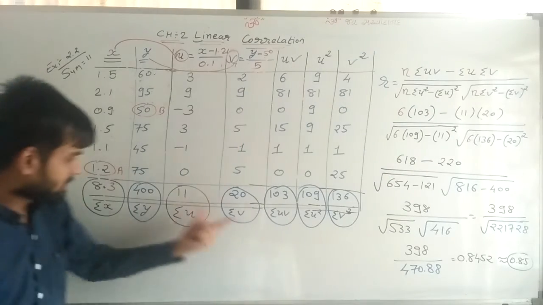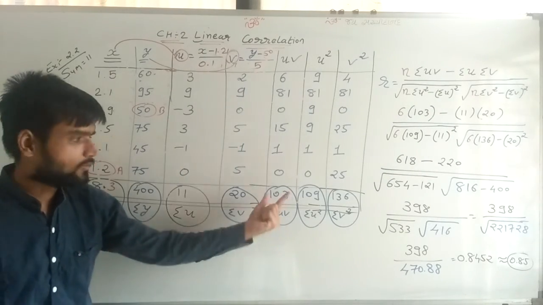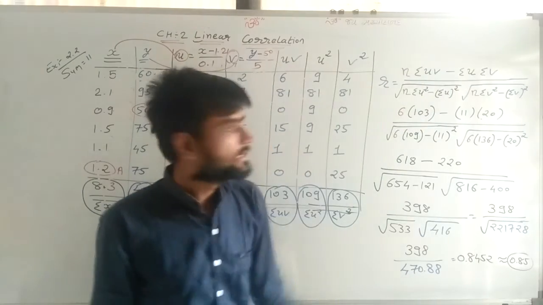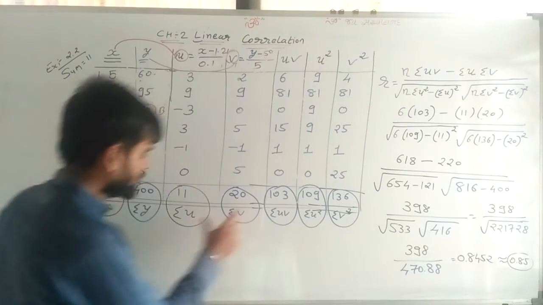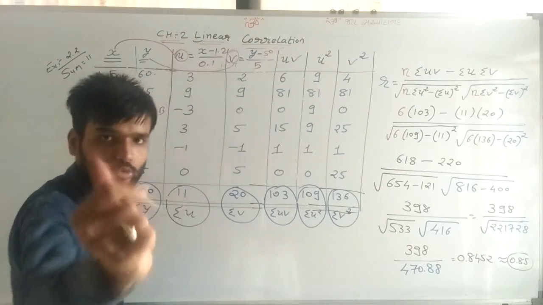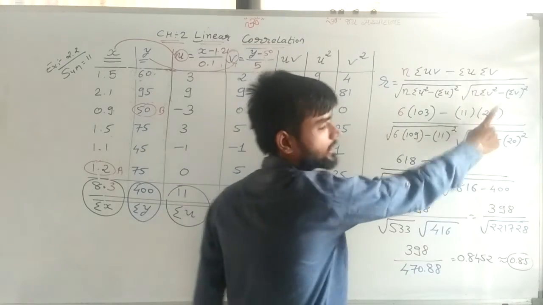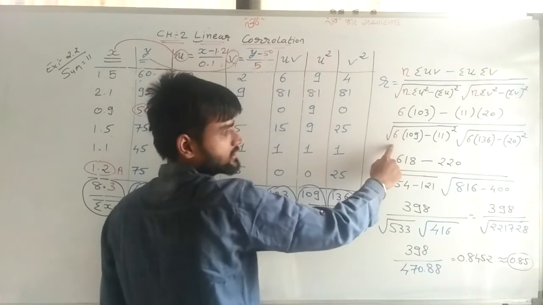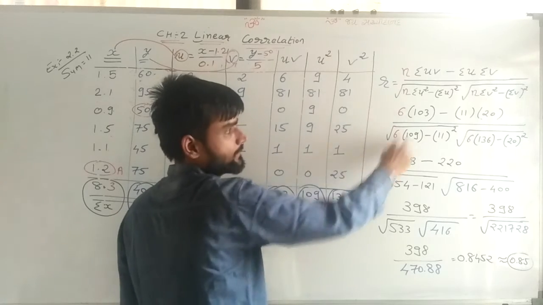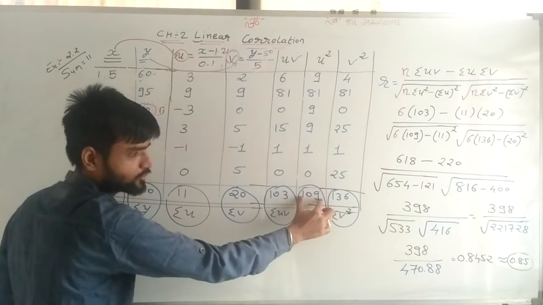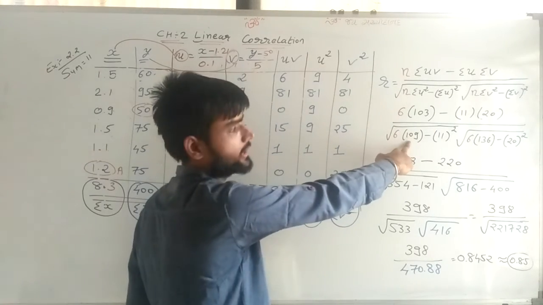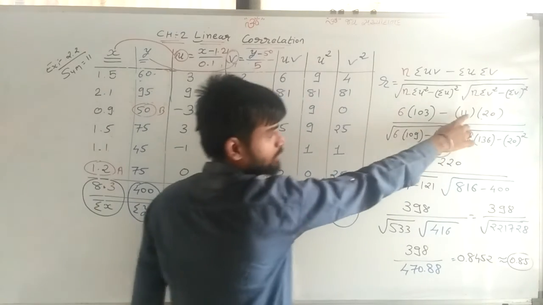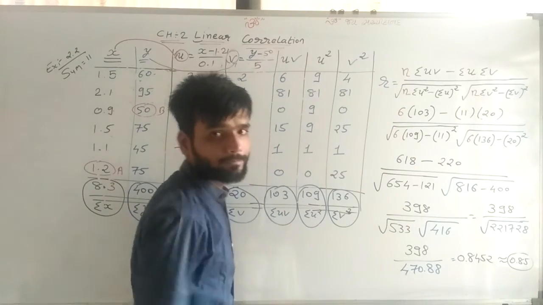Sigma uv here is 103, minus sigma u times sigma v. Sigma u is 11, sigma v is 20, divided by under root: n is equal to 6, sigma u square here is 109, minus sigma u whole square, 11 whole square.